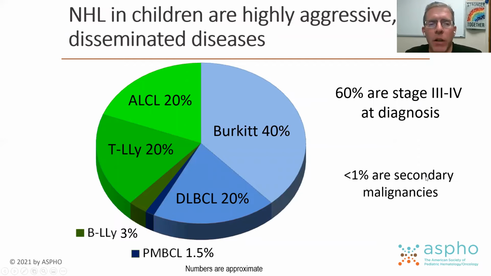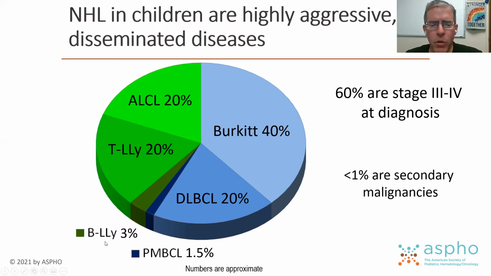So, first of all, non-Hodgkin lymphoma in children is a highly aggressive, disseminated disease. These statistics vary depending on which paper you read, but you think of Burkitt as about 40%, with diffuse large B-cell, T-cell lymphoblastic, and anaplastic large cell being about 20% each.